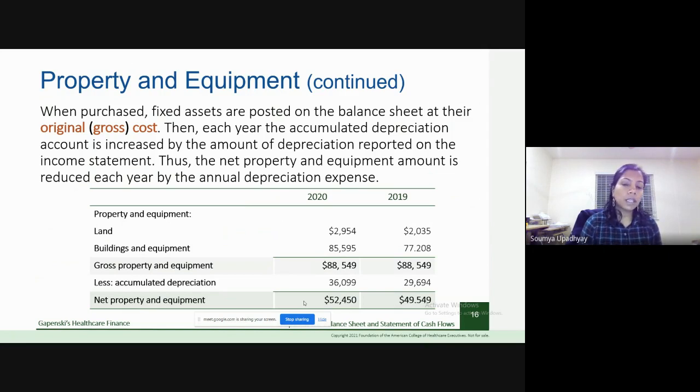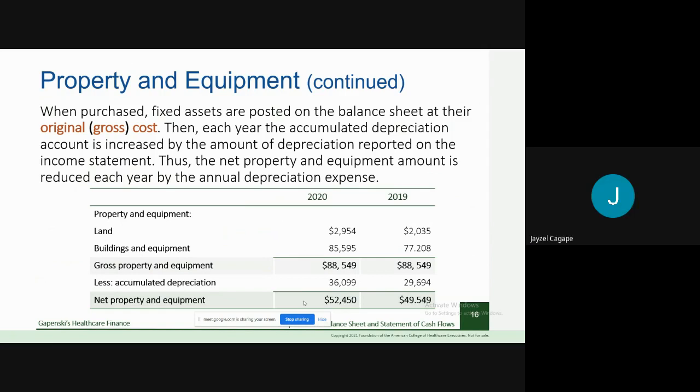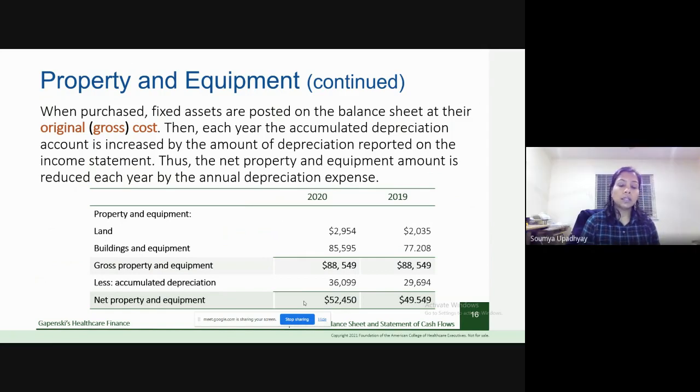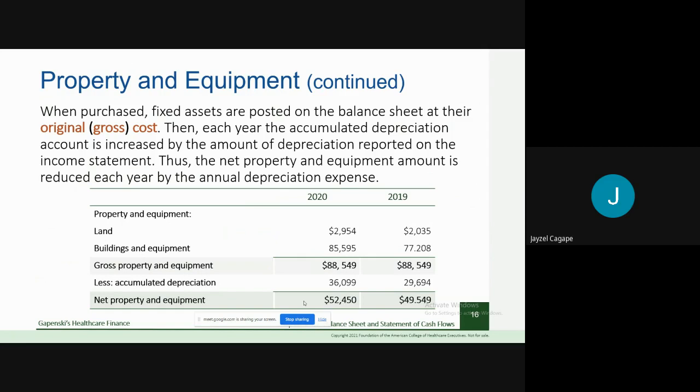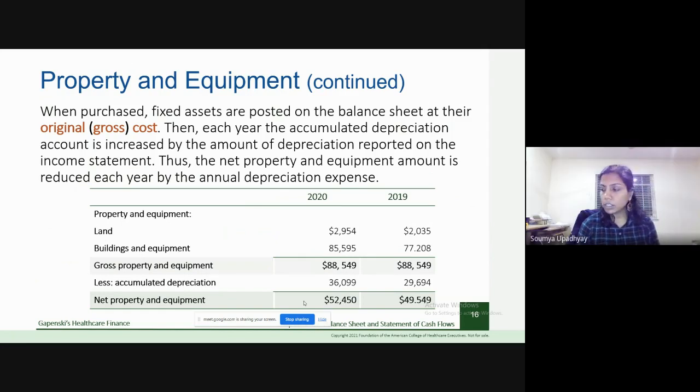But they have given us a lump sum of accumulated depreciation of $36,000 for 2020, and we subtract that from the gross property and equipment to get the net property and equipment. We are not talking about a percentage here, at least for the scope of this class. Okay, got it. Thank you.